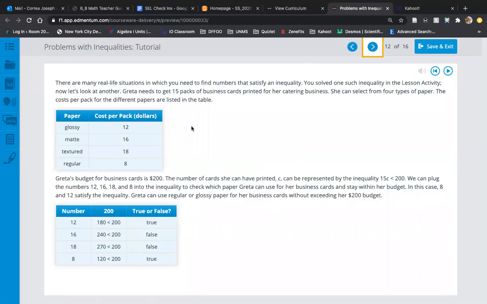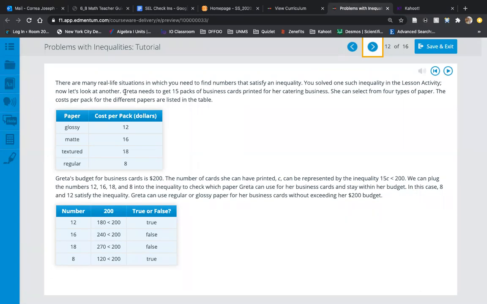Over here, they're giving us another couple of real life examples of how you can apply inequalities to your everyday life. If you ever need to buy business cards, this might be relatable to you.